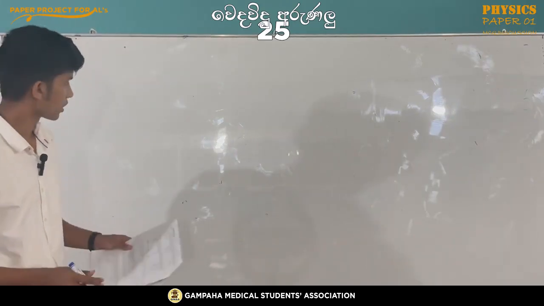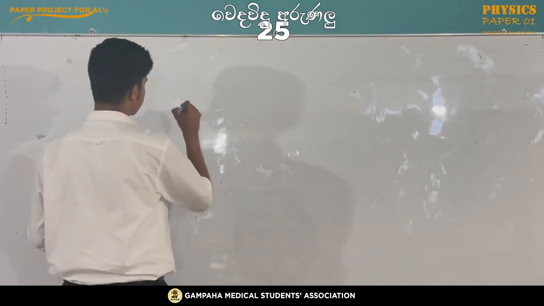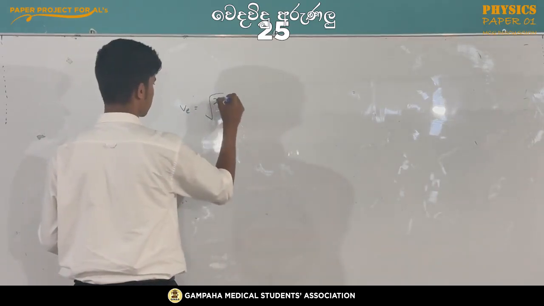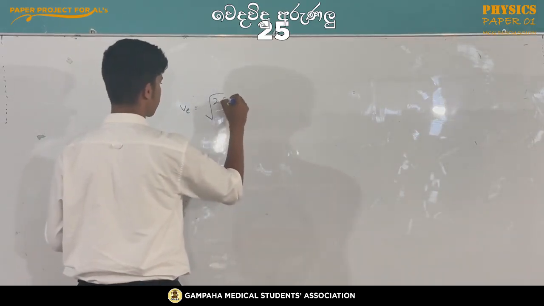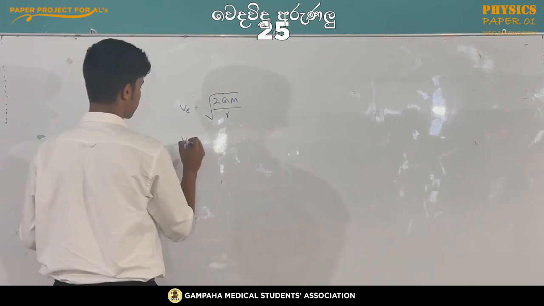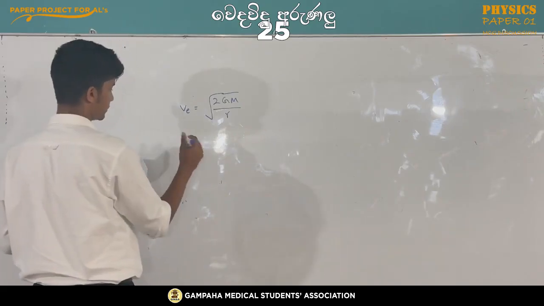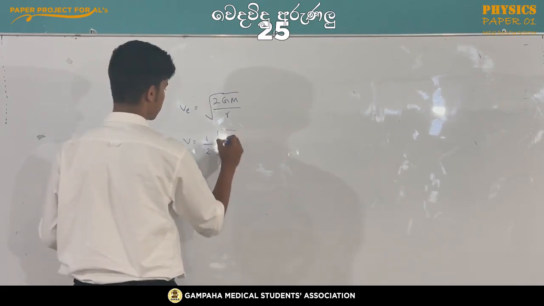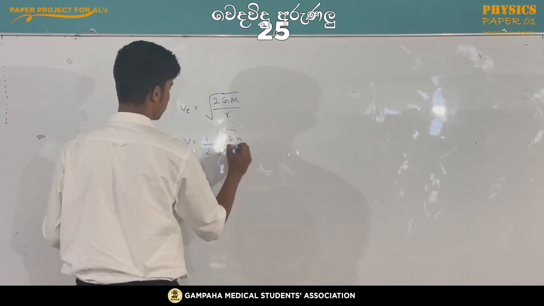So in here, the velocity of the object, so we know that the escape velocity is equal to square root of 2GM over r. So then the velocity with which this object is projected is half root GM over r.